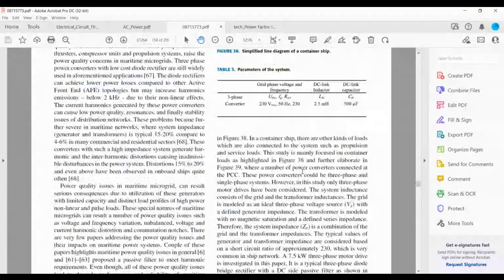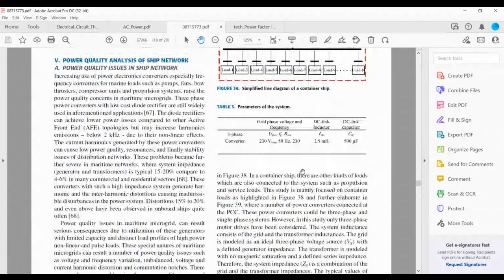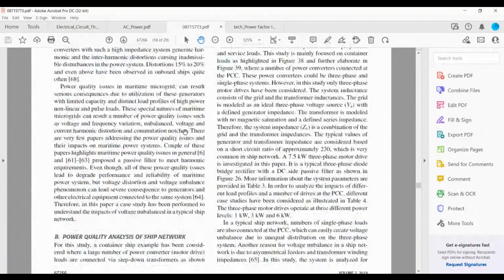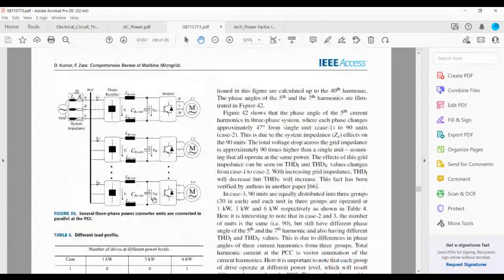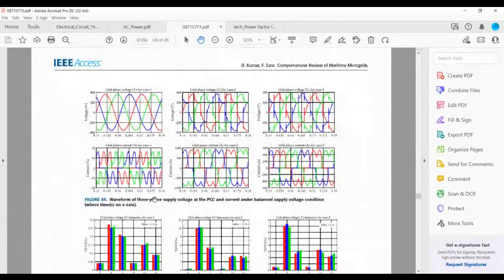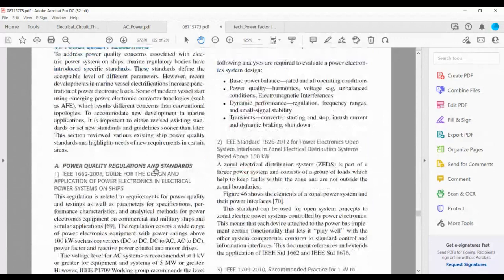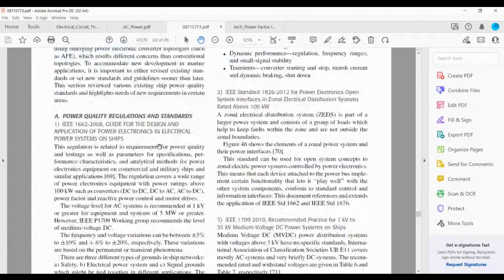power quality is something important, and here I'll read the text basically. The most important part of power quality, and I'm looking for this particular thing, is that there are also standards to which the power quality must be adhered.